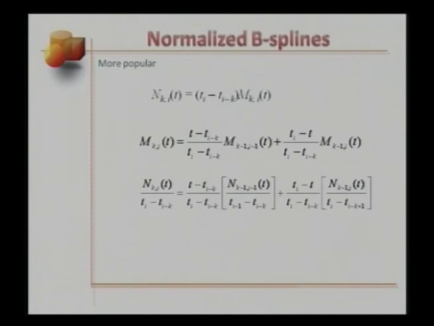We can rearrange this relation as n_ki(t) equals t minus t_(i-k) over t_(i-1) minus t_(i-k) times n_(k-1),(i-1)(t) plus t_i minus t over t_i minus t_(i-k+1) times n_(k-1),i(t).